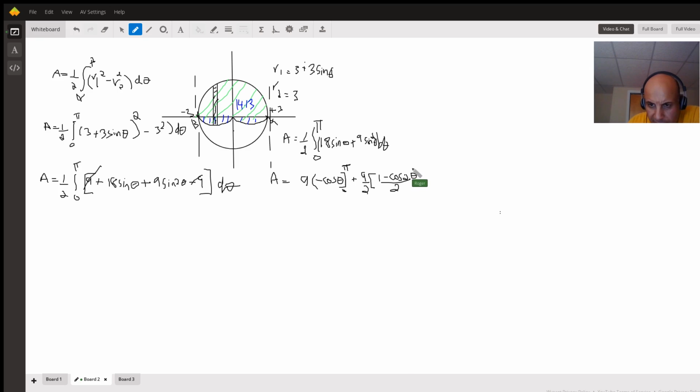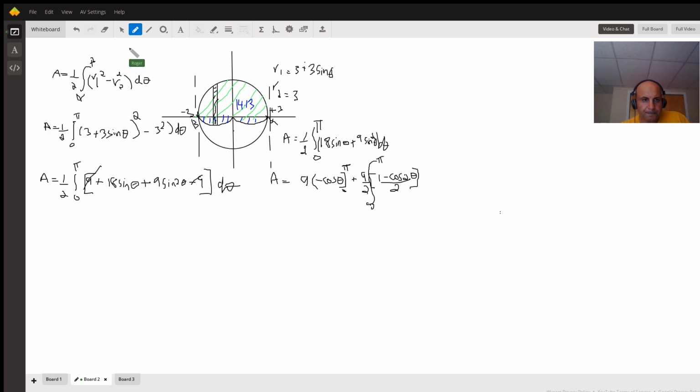You can find that in any integration book. And we still have to integrate, so this is integral of that from 0 to pi.